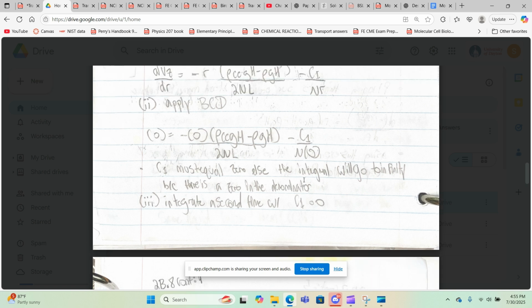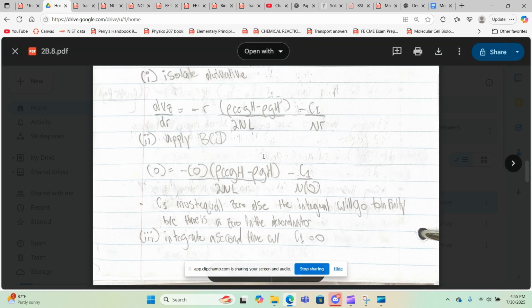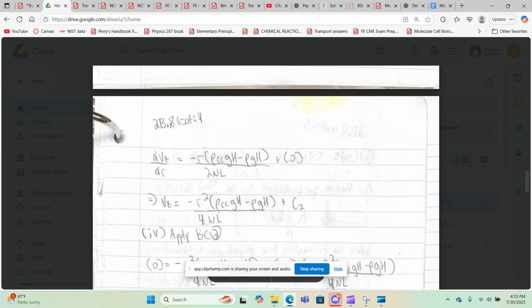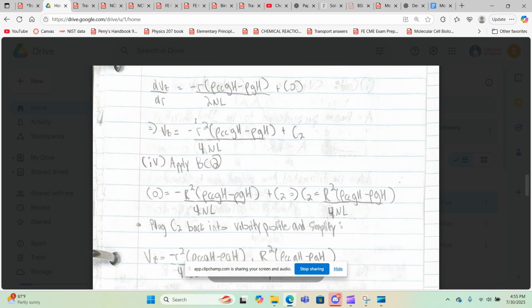All right, so integrating this equation a second time, and this term is going to be 0. So it's pretty simple integration. The integral of negative r is negative r squared over 2, and that makes sense.